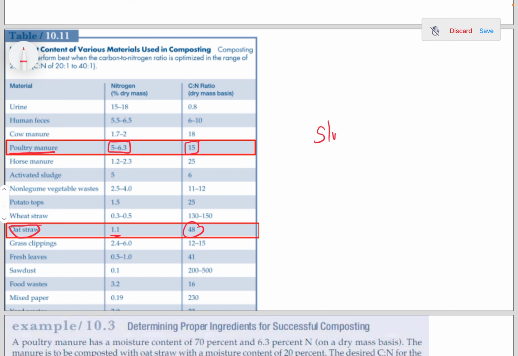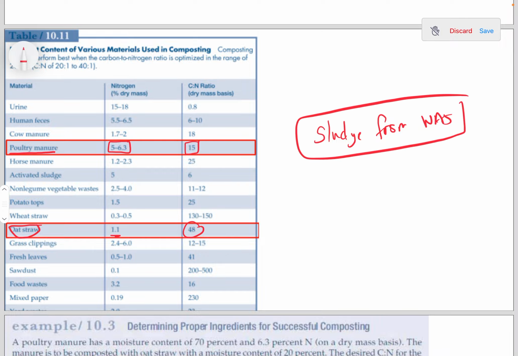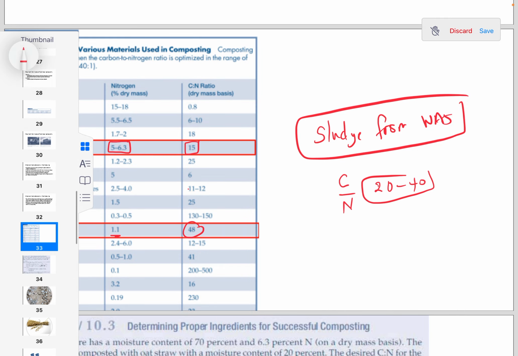Let's see, sludge from waste activated sludge will be checked for its carbon over nitrogen ratio. If the carbon over nitrogen ratio is not from 20 to 40, then we have to mix it with something else. These people have a lot of poultry manure.